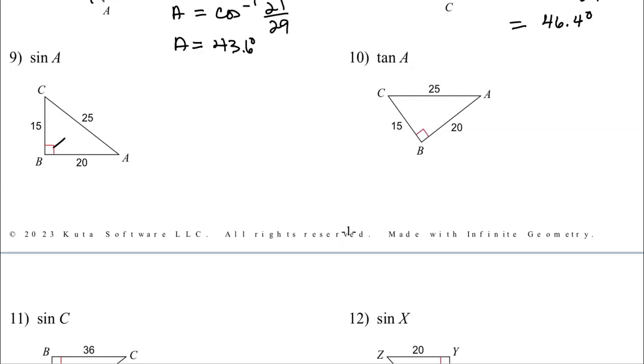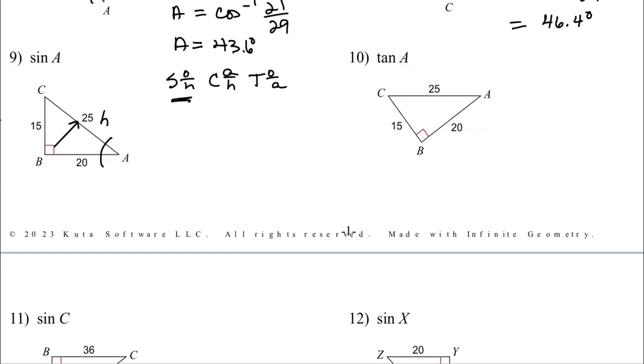Okay, so first off, get your hypotenuse. It's the 25. Put your little h right there. Write SOHCAHTOA. Okay, writing SOHCAHTOA, what's going to happen is this. I'm going to say from angle A's perspective, I need sine, so that's opposite.